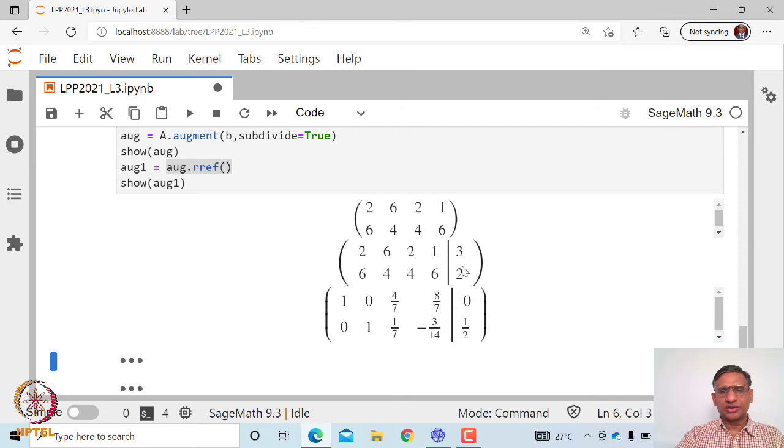So you can see that this is the augmented matrix of the original system. This is the reduced row echelon form, also known as the canonical form, of this augmented matrix.